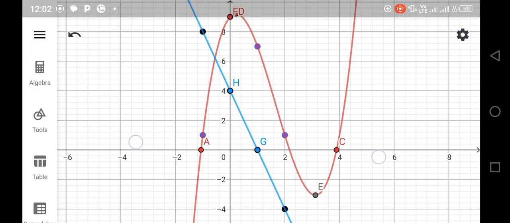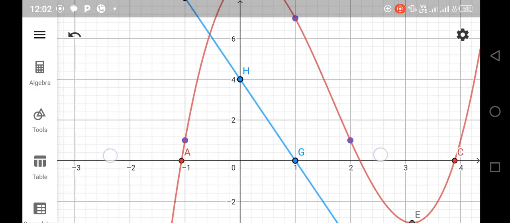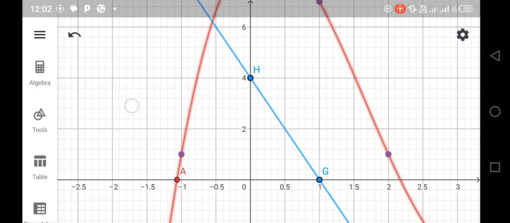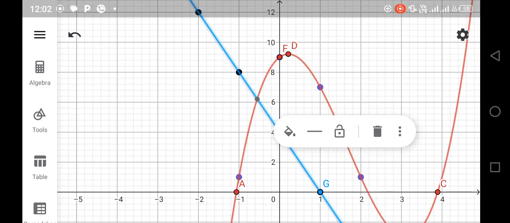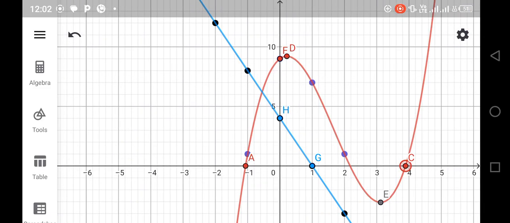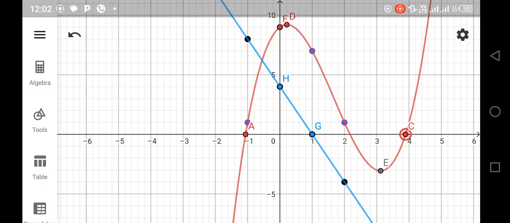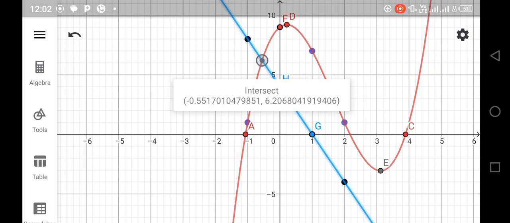Let's come there and see where the line cuts the curve. As you can see, this line cuts the cubic function at the point where x is negative 0.5517 and y is 6.206.